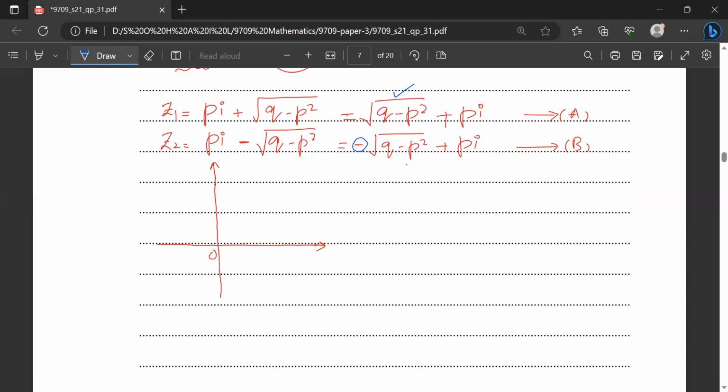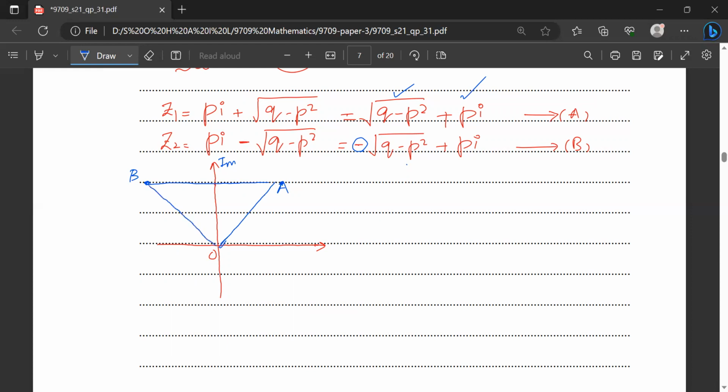So one is on the right side and one is on the left side of the imaginary axis. Let us take this point here, and the other point here, and their imaginary parts are equal. So you can draw in this way a triangle OAB, and this triangle is an equilateral triangle.